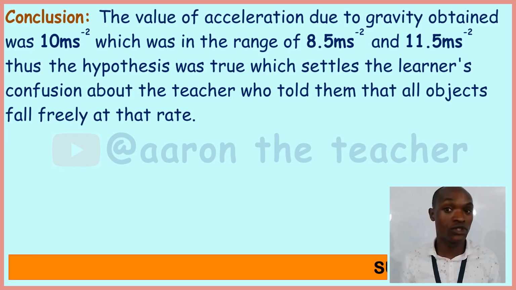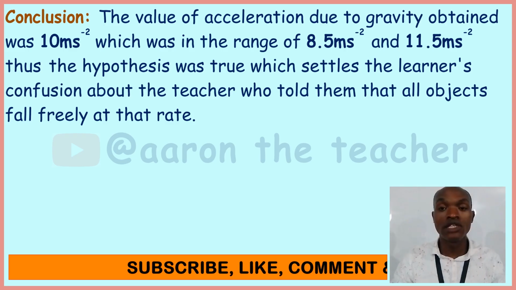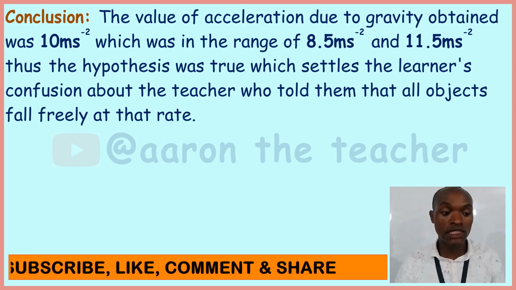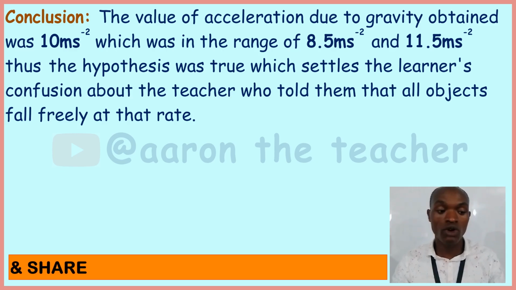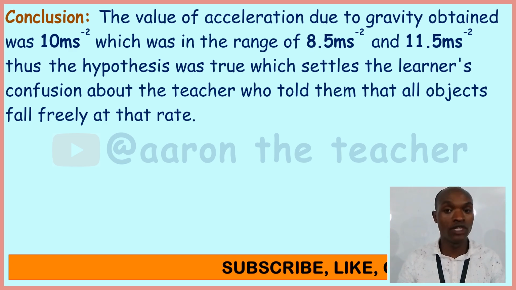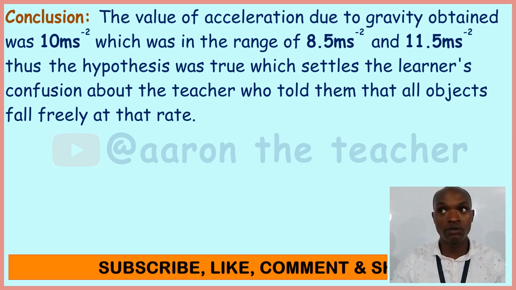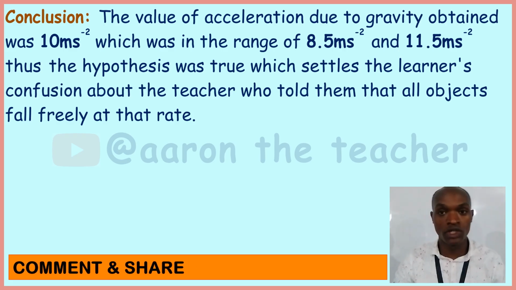Thus the hypothesis was true. This settled the learners' confusion about the teacher who told them that all objects fall freely at that rate. I believe it settled things up, and they were comforted with that value.